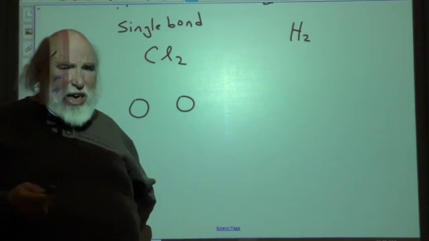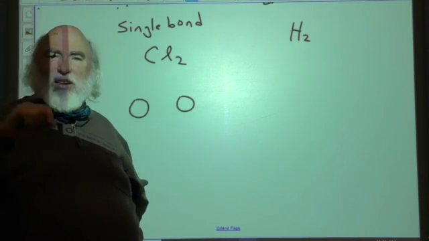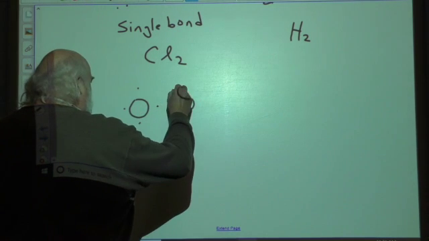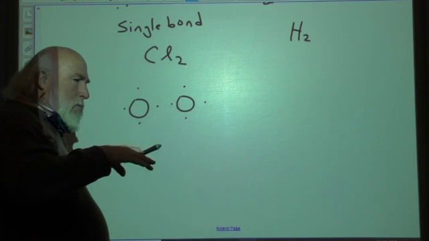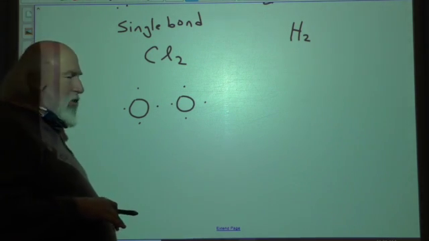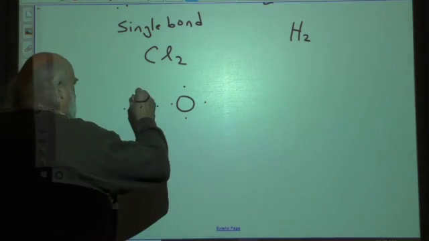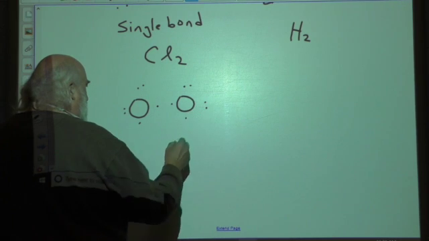If you said 6A, that would be correct. And that 6 of the 6A means there are 6 valence electrons. So north, south, east, west, north, south, east, west. And we want to make sure that we have 2 singular electrons opposite each other on the 2 oxygens. So I'm going to pair this one up here, and I'm going to pair this one up here.